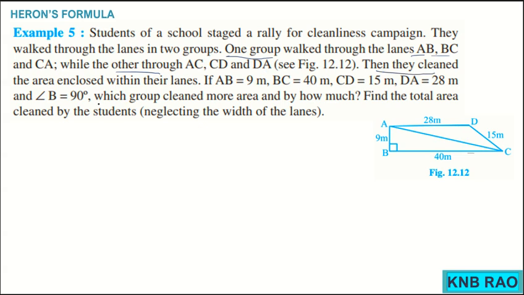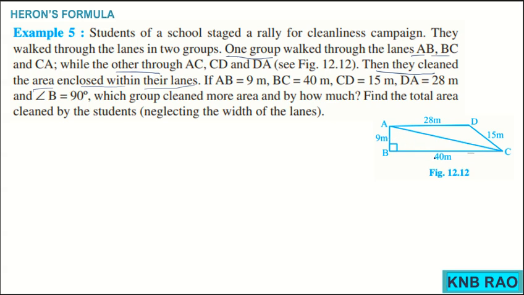Then they cleaned the area enclosed within their lanes. Now they gave you the length of AB, BC, CD and AD, and angle B is given, just like the question which I discussed with you in the beginning of this session.